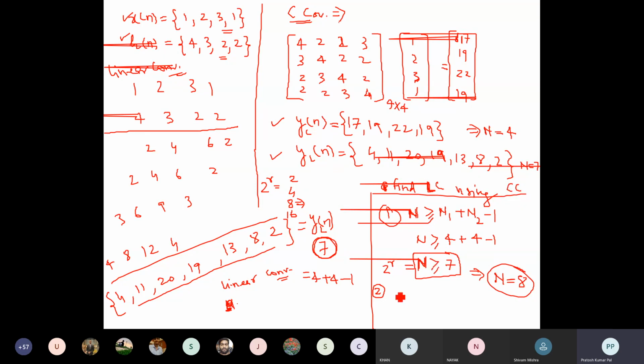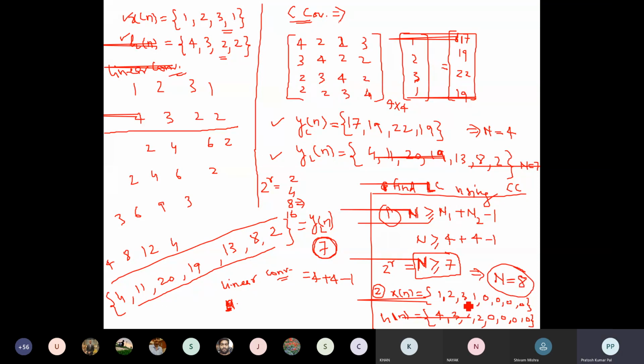Okay, so we will make the length 8. The new x of n will be 1 2 3 1, and it is 4 long. So to make it 8 length, we need zero padding, so we will add 4 zeros. Next, h of n is 4 3 2 2, and again we will add 4 zeros to make this sequence of length N, that is 8.